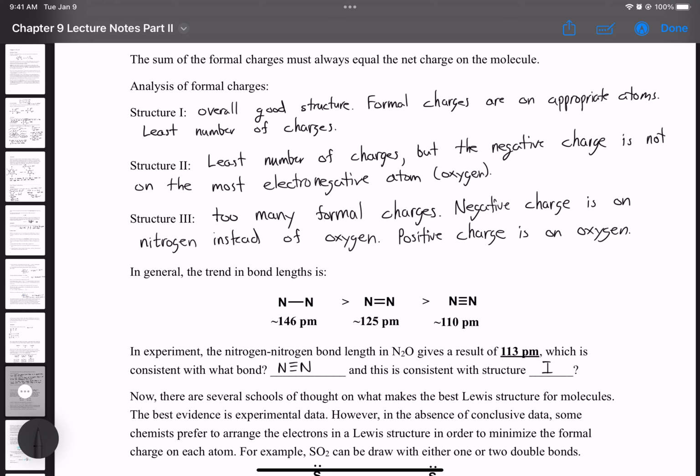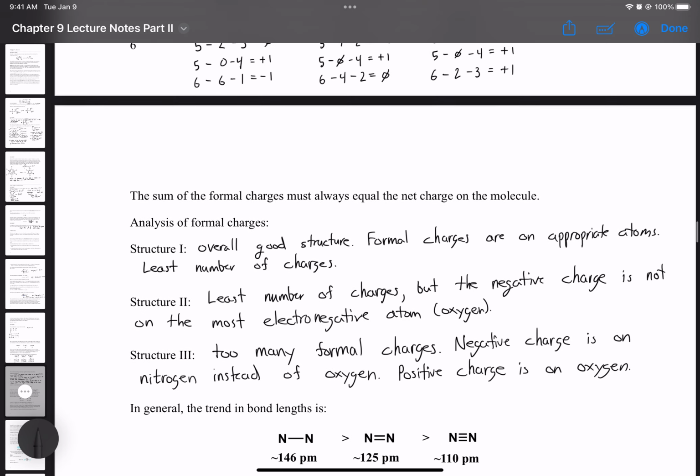So not all Lewis structures or resonance structures are created equally. So there's always a case where we can use experiment to determine which structure is the major structure for the compound. So we could say structure 1 is a major contributor.